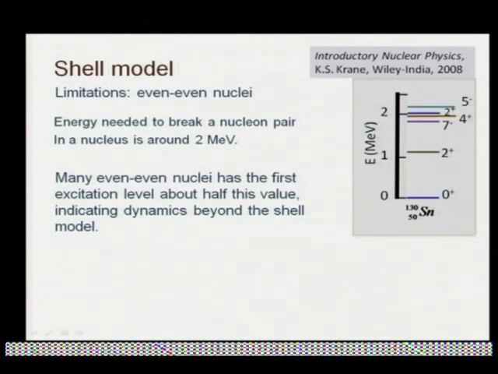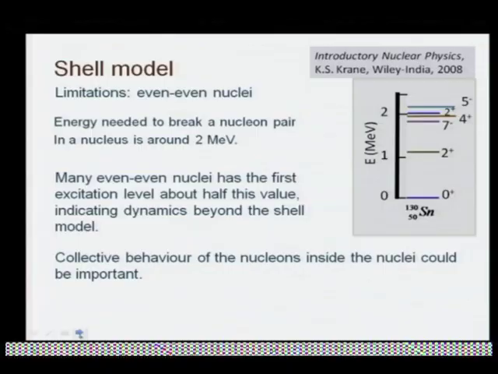They all have one single 2 plus state at low energies. So, in the case of tin, for example, even at 1 MeV, which is half the energy needed to break a nucleon pair, and there are many states around 2 MeV, but this is a single isolated first excited state, a very low lying excited state.